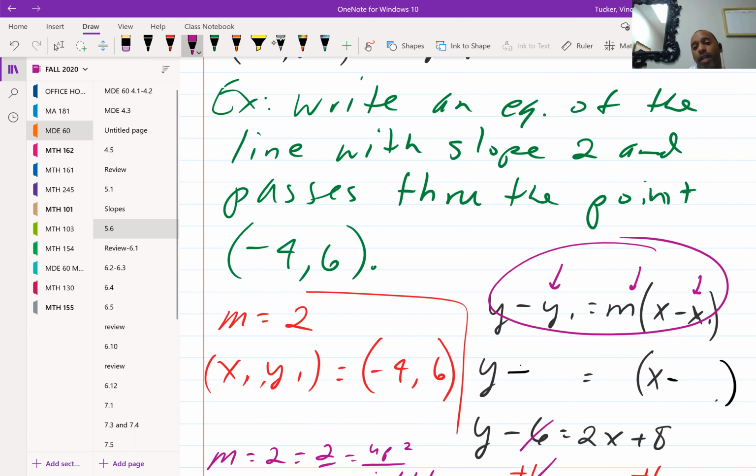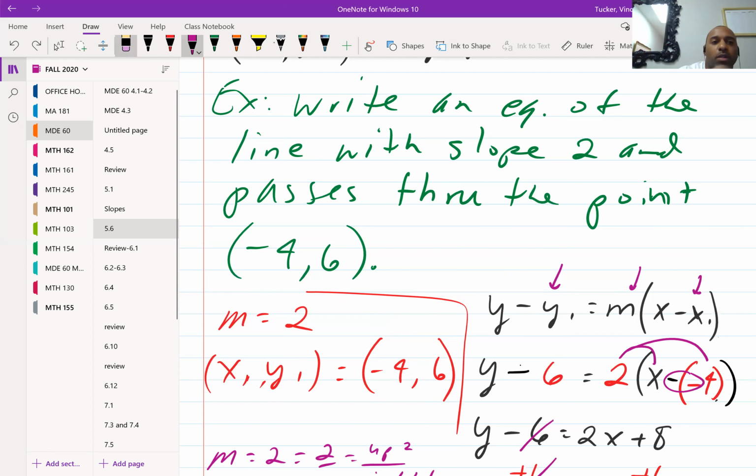So we're not messing with x and y, but we're plugging in for x1, m, and y1. And so that's what I did right here. So y1 is 6, m is 2, and x1 is -4. Make sure you don't lose a negative. You're plugging in -4, but also there's a minus sign in the formula. So once again, make sure you don't lose a negative.